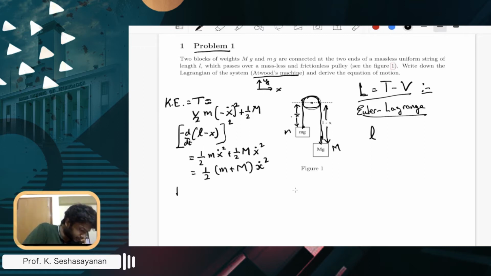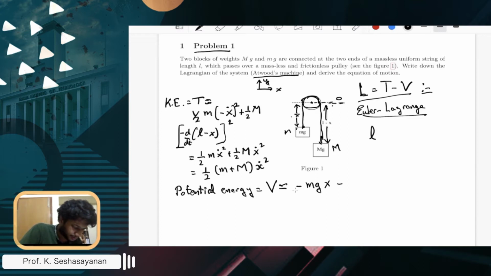Next is the potential energy, which is capital V. For such problems, we take the potential at a reference point to be 0, and we calculate the potential energy with respect to this point. Here this mass is at a distance x in the negative y direction, so we have minus mgx.